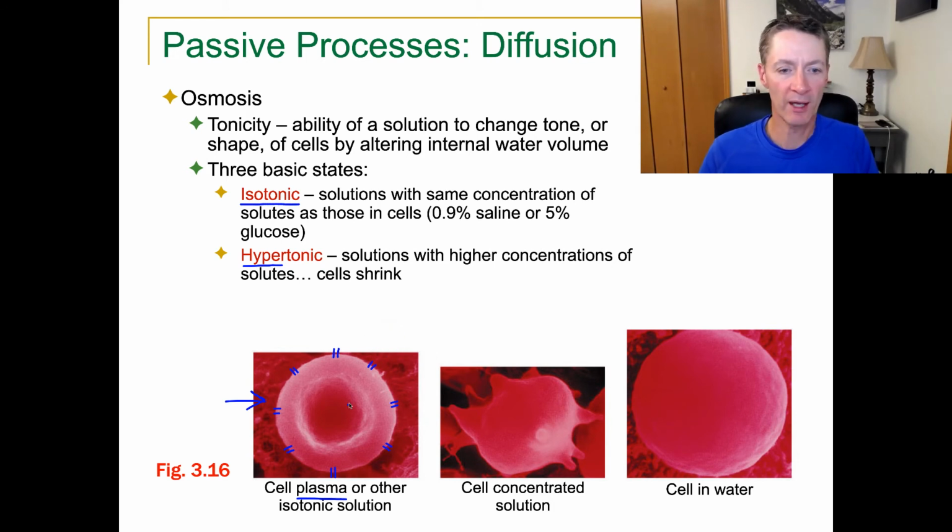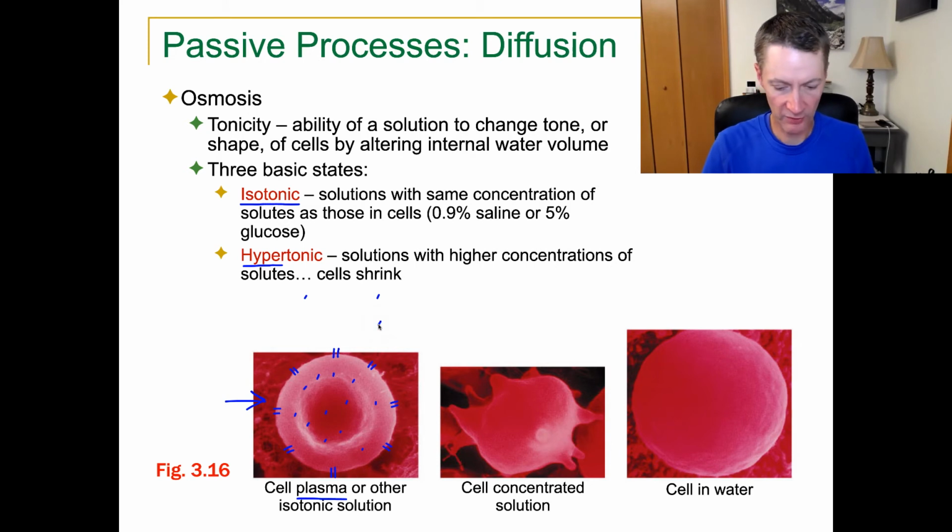Now, let's think about that, right? I'm going to just make up a scenario here. Let's say inside this cell, there's 1, 2, I'm going to just make a bunch of dots, 4, 5, 6, 7, 8, 9, 10, 11, 12. If I were to compare the plasma of our blood to the concentration inside of this cell, we might find 12 outside. 1, 2, 3.